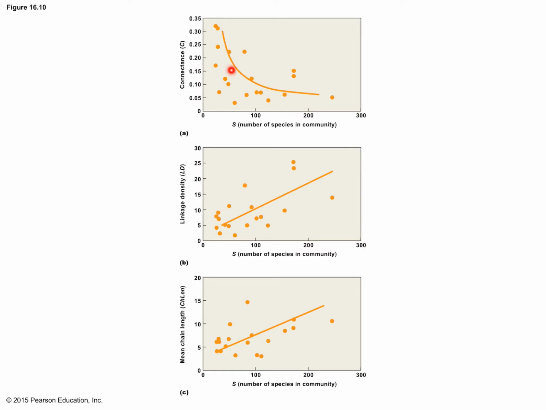And this may be part of what's going on here with the connectance going down as species richness goes up. You start to get this compartmentalization, and so species within these various compartments are interacting with just a few species also present in that same compartment, and they're not interacting with other species community-wide.